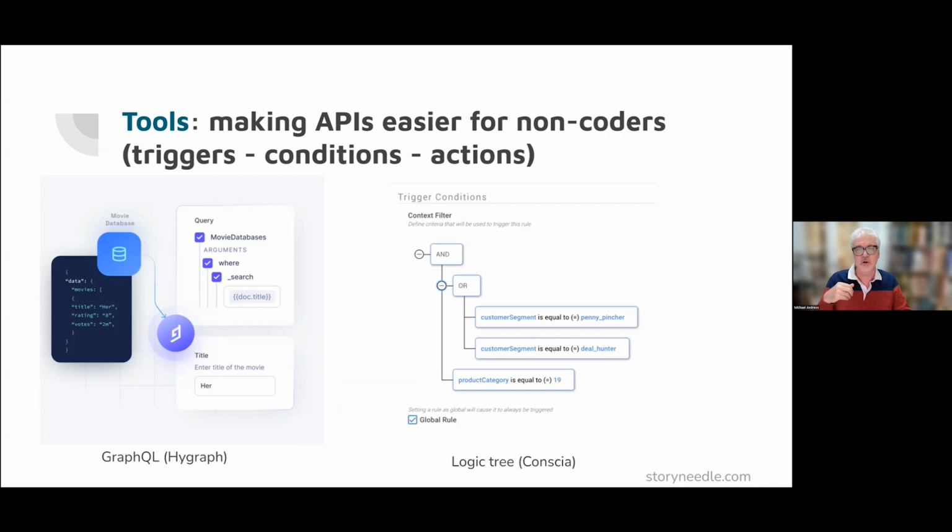Other tools work more like a logic tree where you have these and/or type branching statements. But however it's done, the tools are starting to emerge that let you play around with these different variables and make up rules about how you want to make decisions.